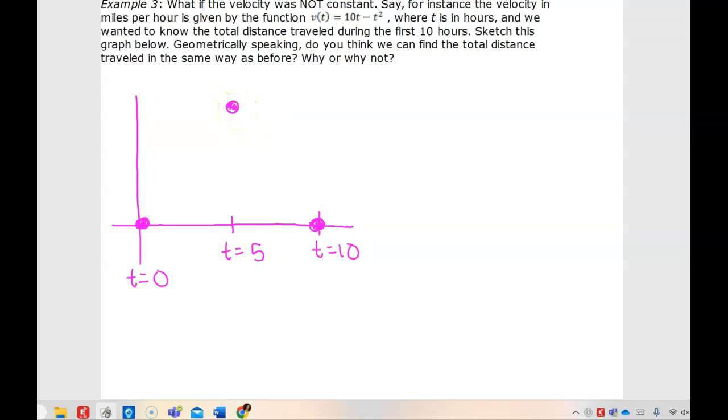So 10 times 5 is 50, 50 minus 5 squared is 50 minus 25. And then we have your other quadratic forms.